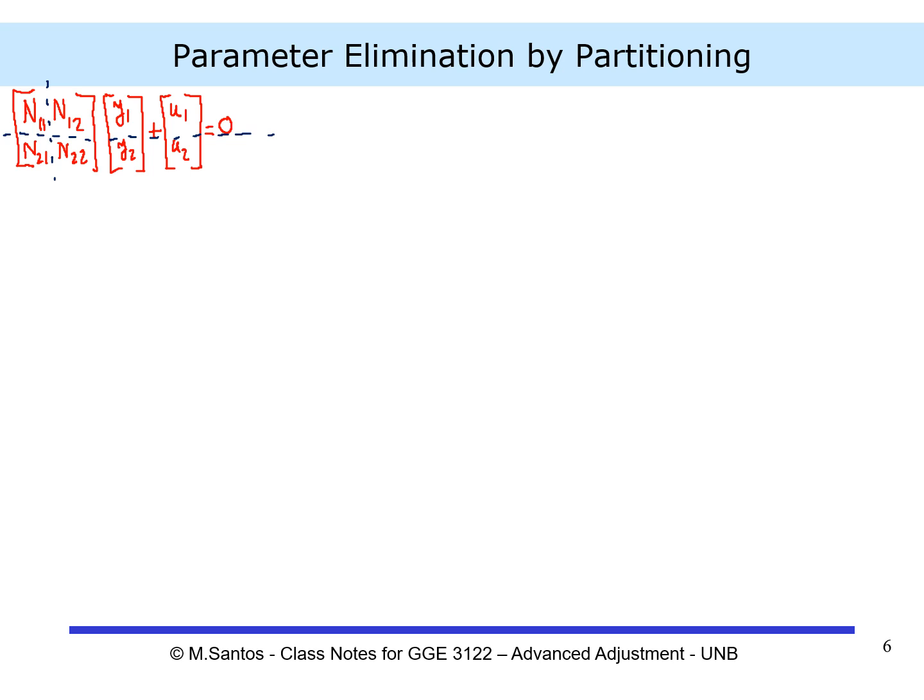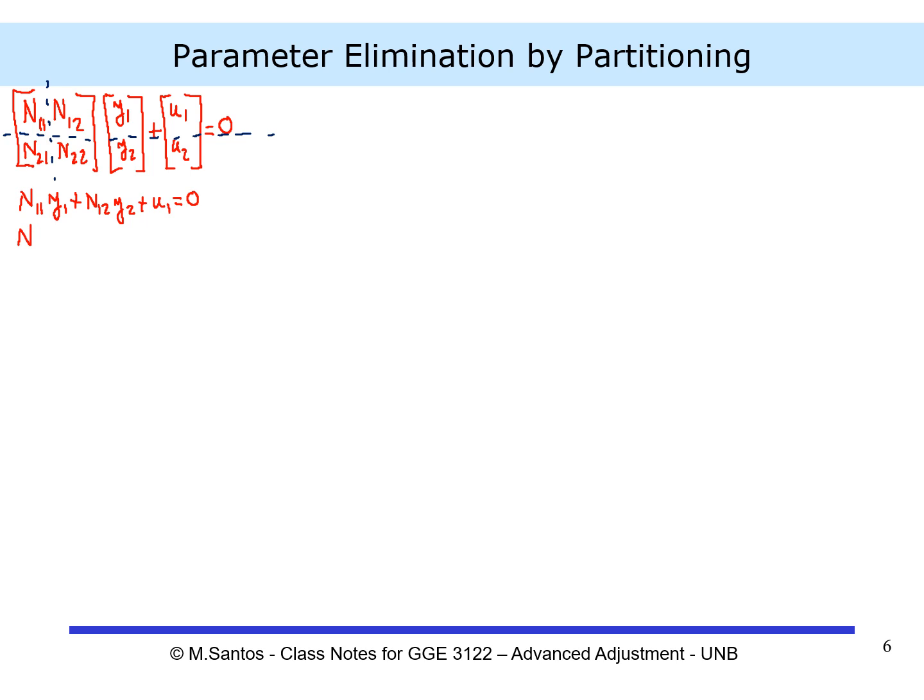So doing this, I think it becomes more clear. Now, if we want to develop this system, we're going to have the product of n11 and y1 plus n12 times y2 plus u1 equals to 0.